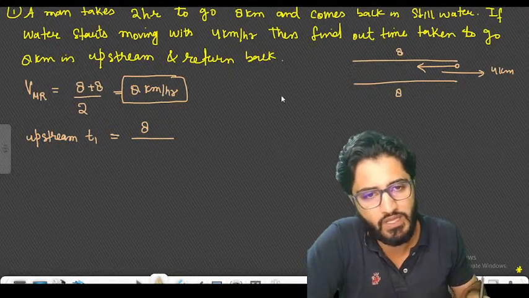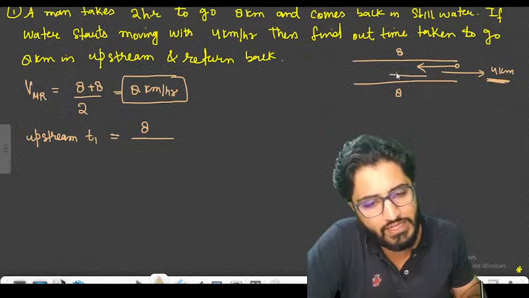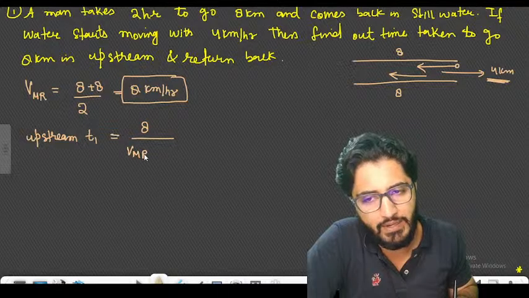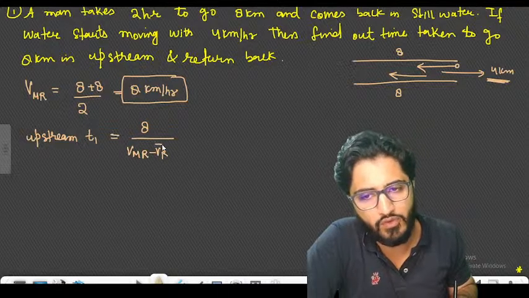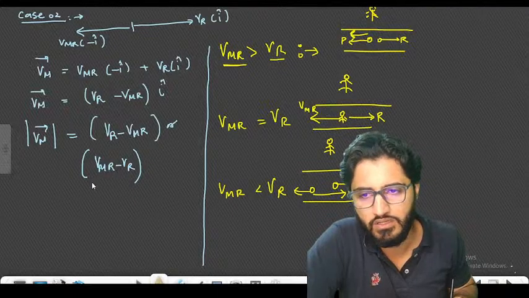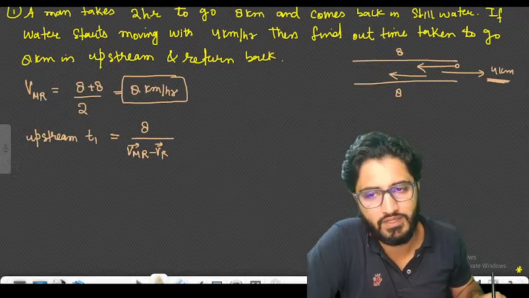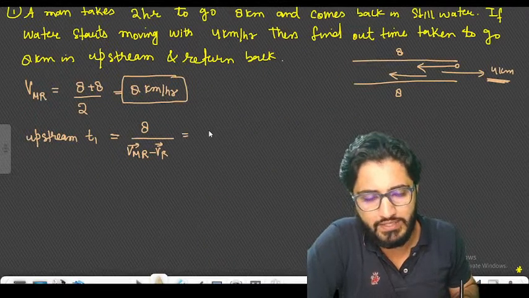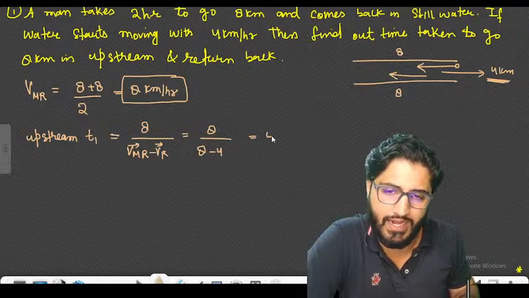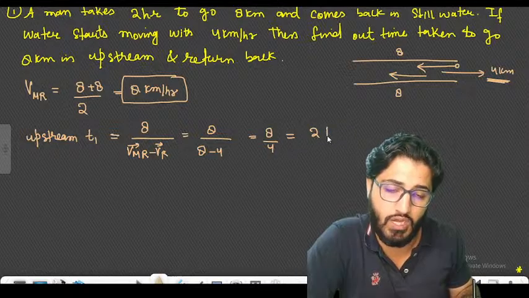The river is going in this direction and the man in this direction. Both are opposite, so you will write vmr minus vr. Now vmr is 8, vr is 4, so 8 by 4 is 2 hours.